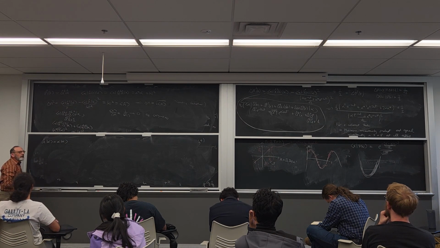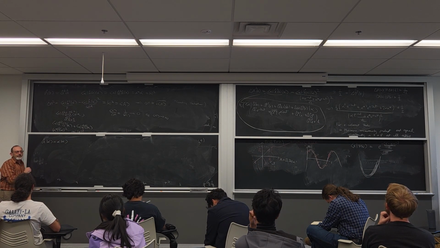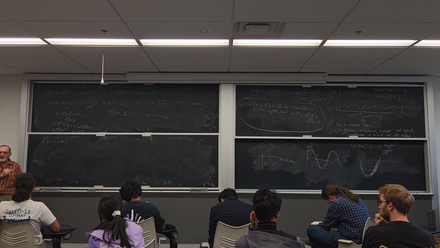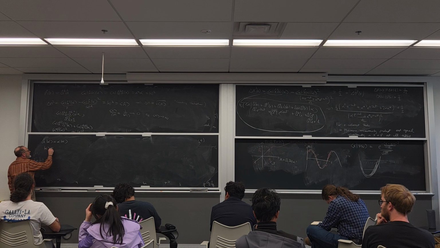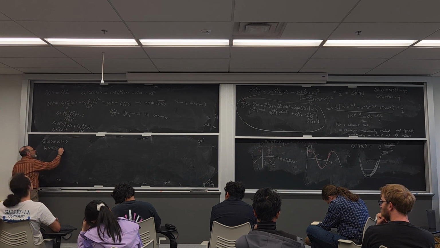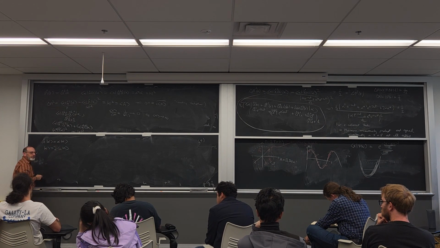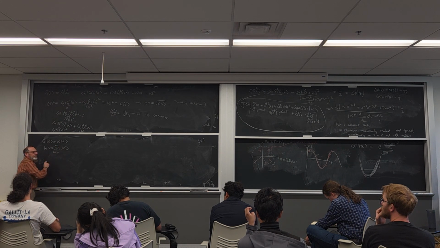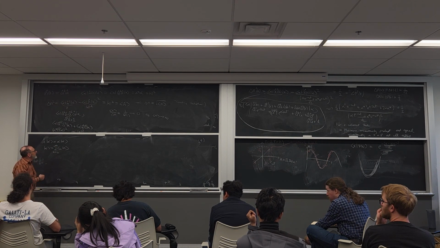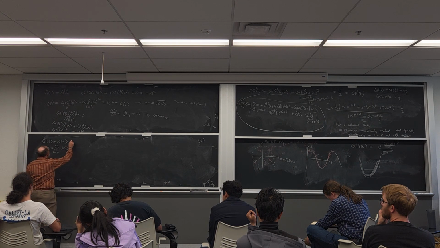Okay. We want to find a state in Hilbert space that satisfies this. So if it exists, it's some normalizable superposition of the basis states. So let's just plug that in here.